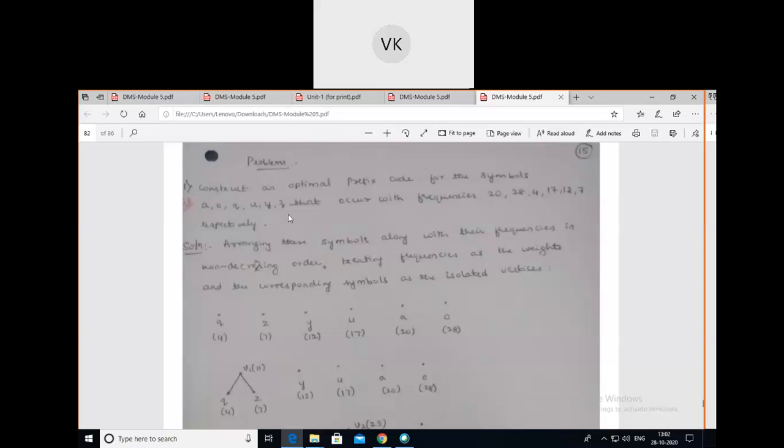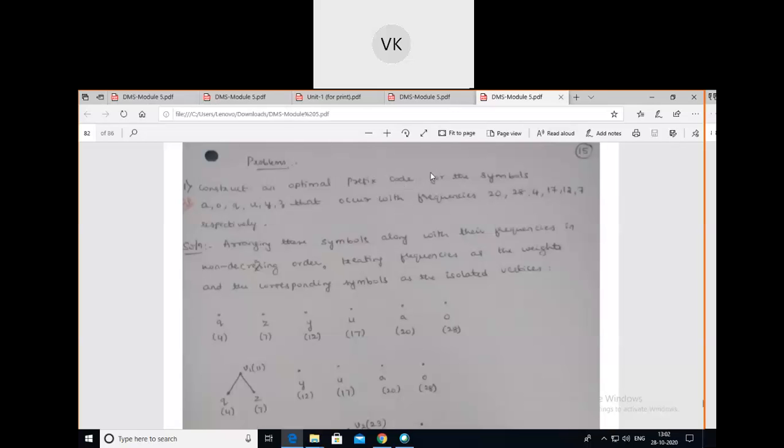Construct an optimal prefix code for the symbols. For all these symbols we are going to construct the optimal prefix codes. What is a prefix code?